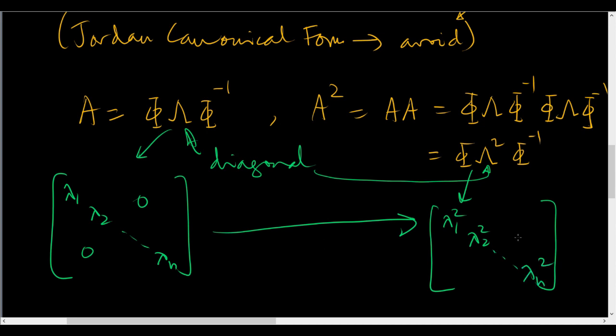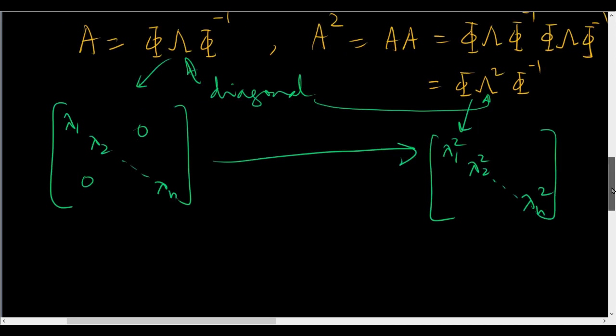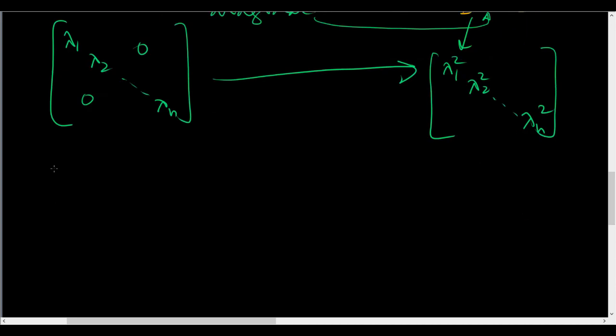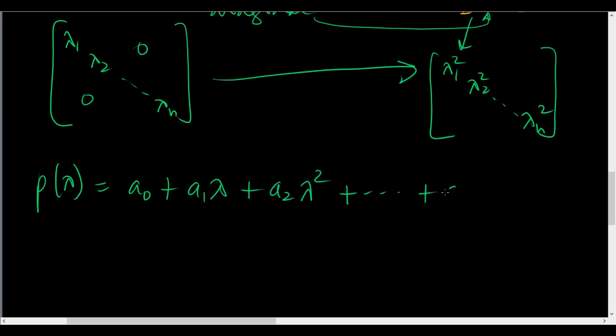Okay, and it is for this reason that when suppose p of lambda is equal to a0 plus a1 lambda plus a2 lambda squared plus dot dot dot plus an lambda n, this an will be plus or minus 1 the way we have written it. It doesn't matter. Let's just think of it as a number.